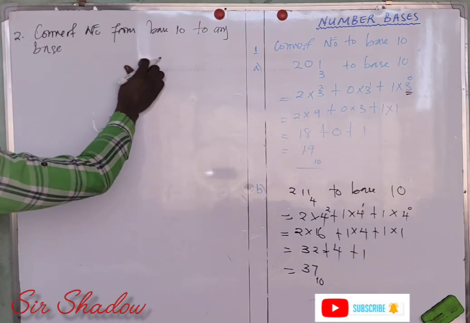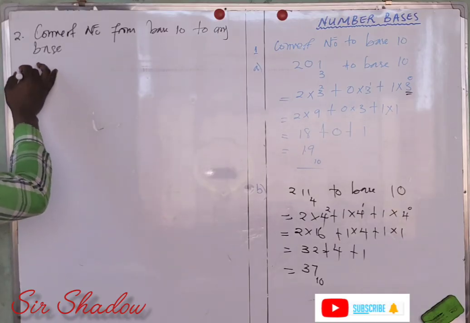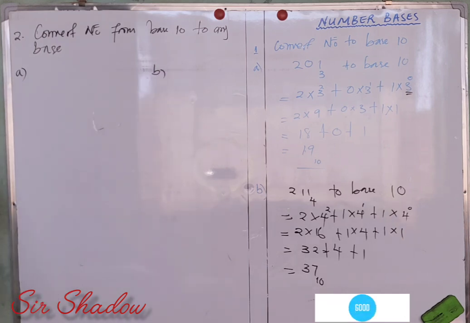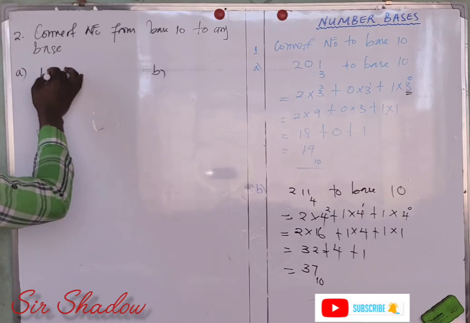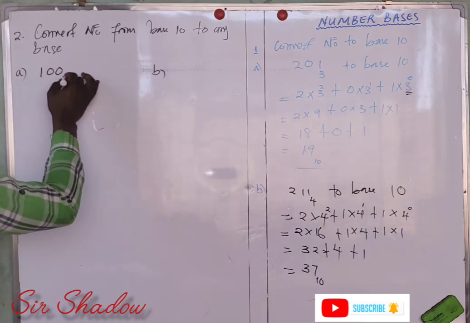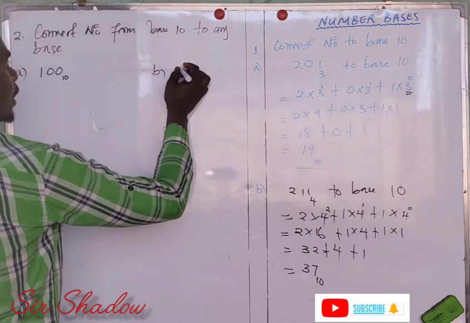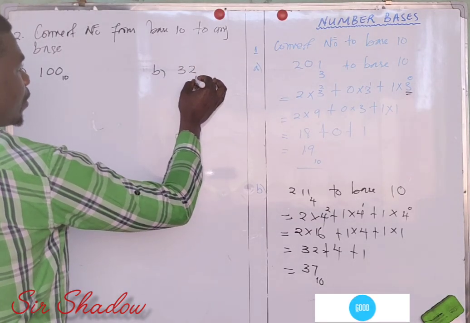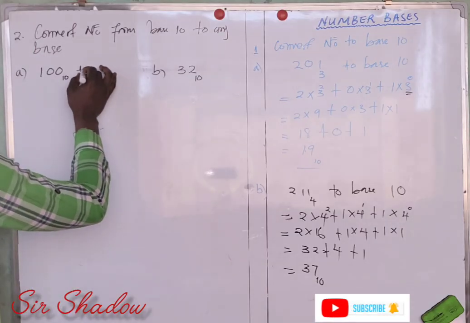Let's consider the first one we have and the second one we have here. I can say 100 base 10. Then here you have 32 base 10. All right.